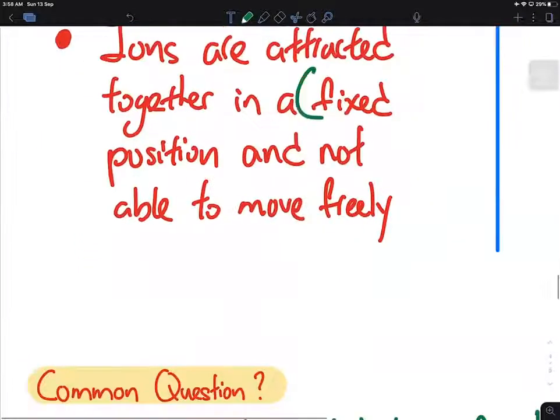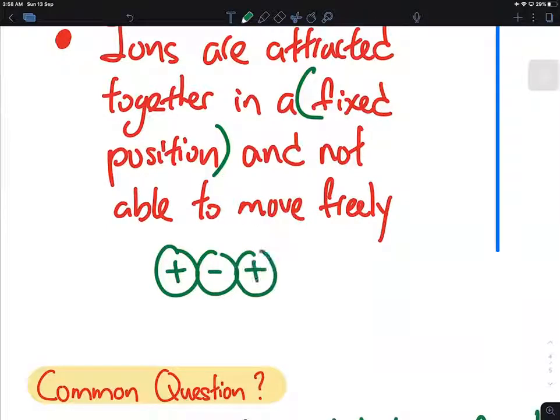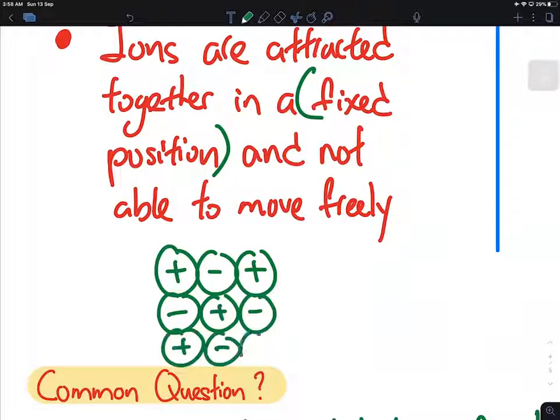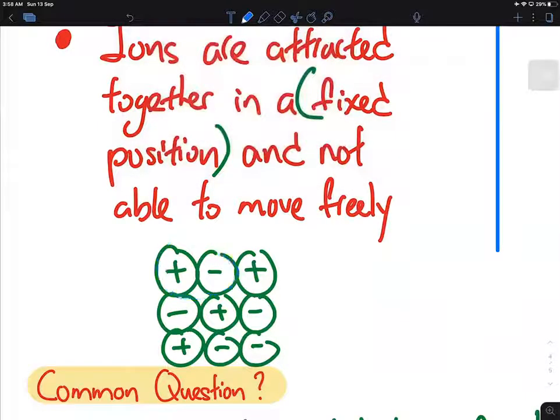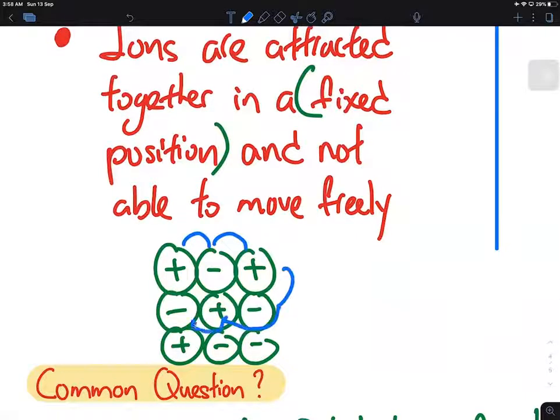What is the meaning of fixed position? According to what we drew just now, oppositely charged ions pair up together, like positive, negative, positive, negative, and so on. All these ions are attracted together in a fixed position like this. They are not able to move unless they are turned into liquid.